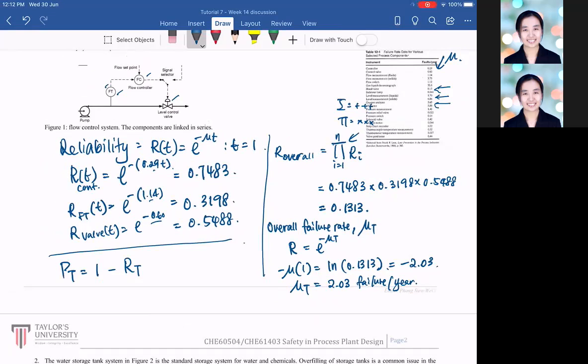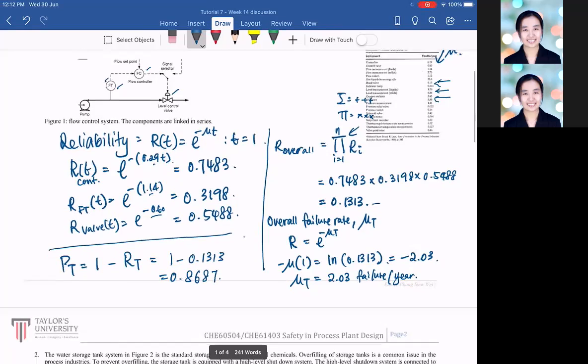So it's like how reliable the system is and how unreliable the system is. So unreliability is just 1 minus 0.1313. You get 0.8687. Okay, so that's the overall process unreliability.